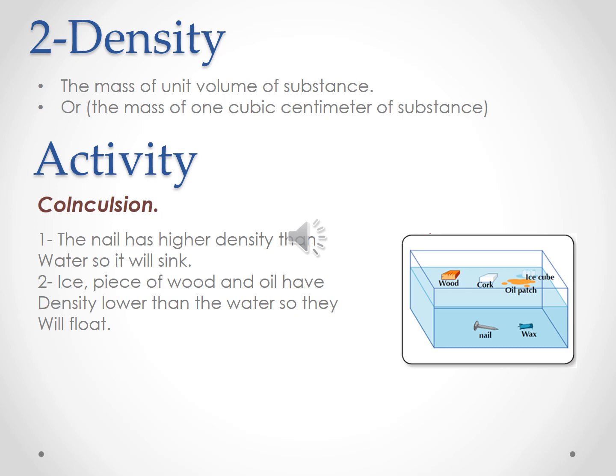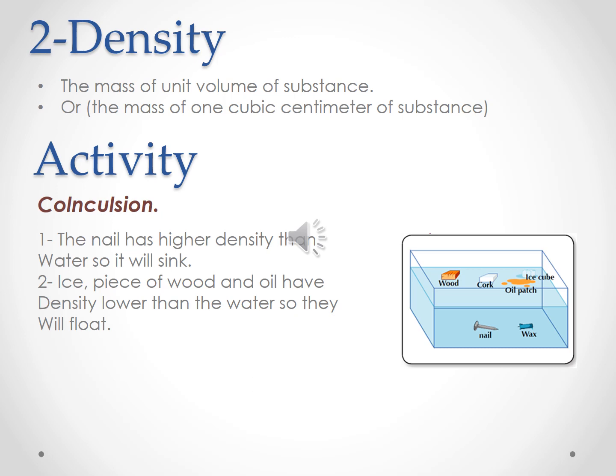If you look at the container, you will see some substances sink in the water and some substances float on the water. So, why? The question is why some substances sink and some substances float? The answer to this question is the difference in density.